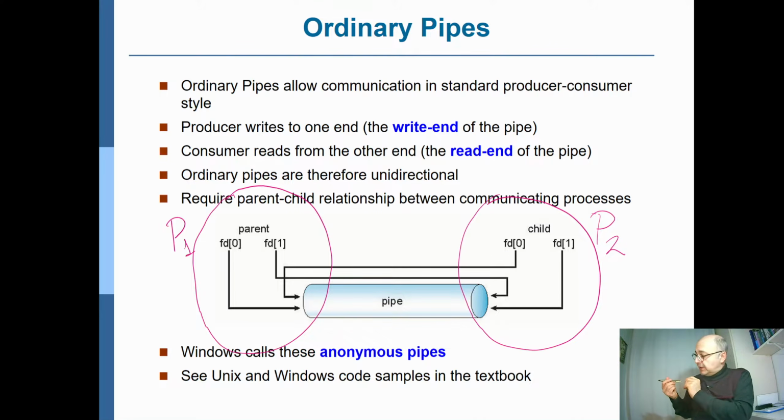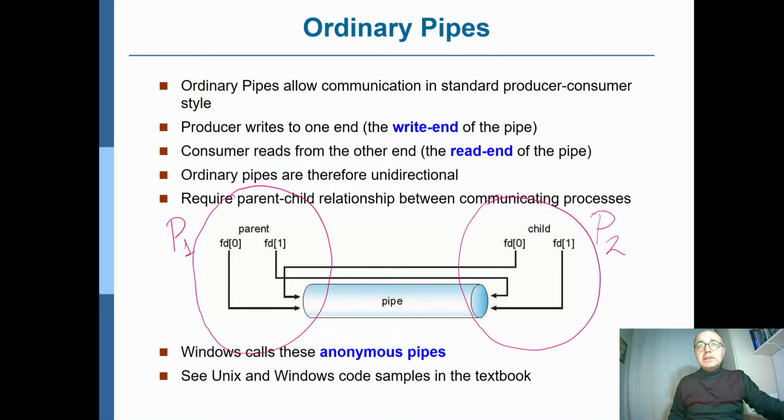If I'm using this end of it for writing, my child process should be using the other end for reading, so that what I write can be read by the child process, and vice versa if I need the reverse direction.